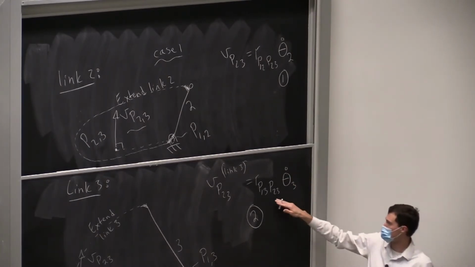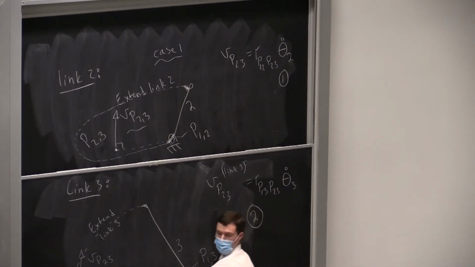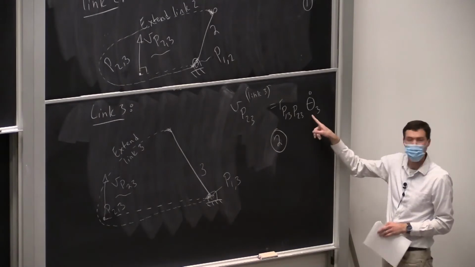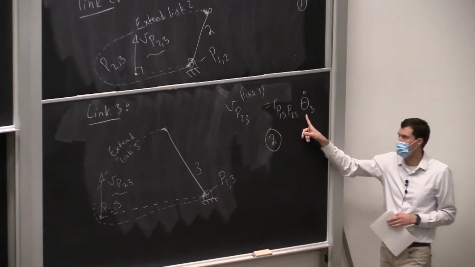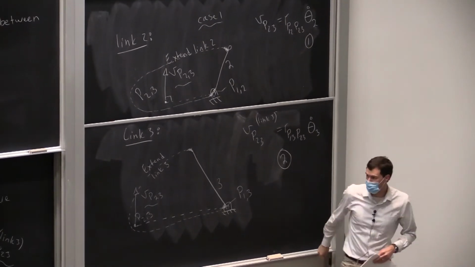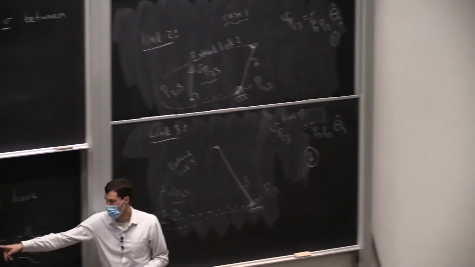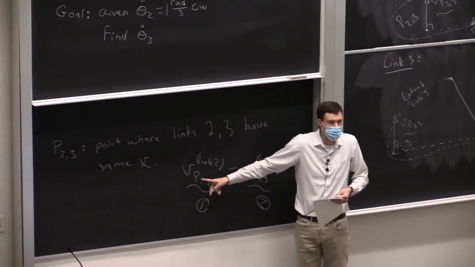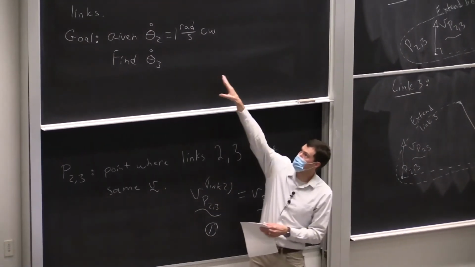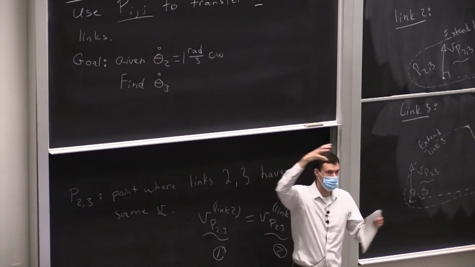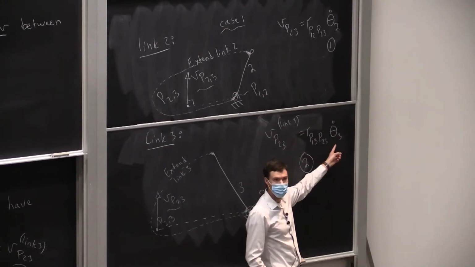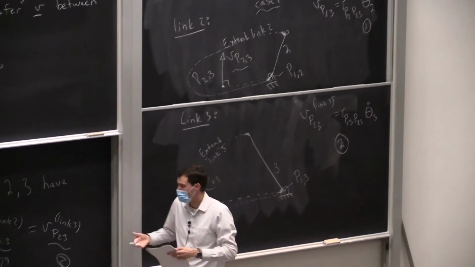So this is our expression: the distance between those two points multiplied by the rotation rate of this link, which is link 3. So this is two ways of finding the velocity of our point of interest, P23. That's our transfer point, and we're using it to convert between theta 2 and theta 3. The last thing we're going to do is just that.